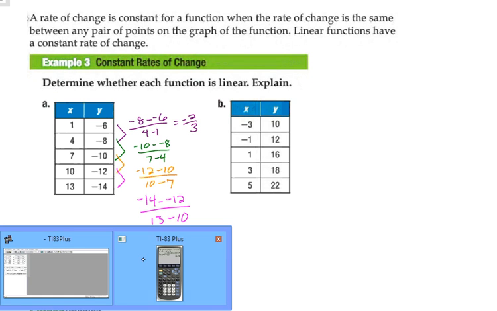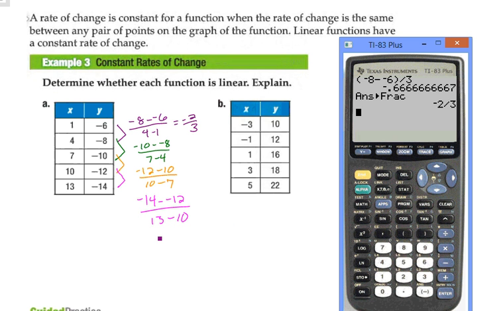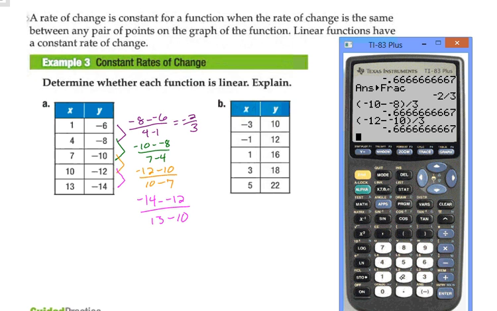Everything else has to equal negative 2/3. So I'm going to go ahead and keep going. Negative 10, I'm subtracting a negative 8. I'm dividing that one by 3. Okay, that one passes. My calculator disappears, so I'm going to keep going with these. A negative 10 divided by 3. It passes. Last one. Divided by 3. Looks like we got it.